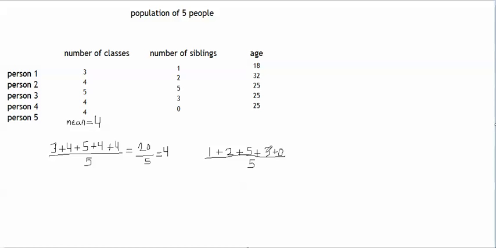I actually wanted it to come out to 10. I'll change one of these numbers so that the total comes out to 10. I wanted to make sure that the mean comes out to a whole number for each of these columns.